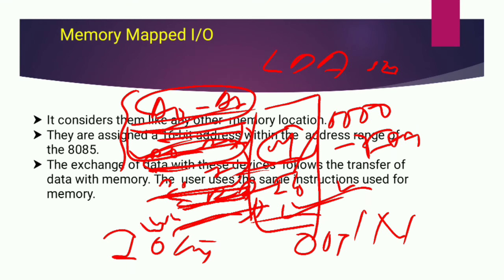Similarly, how is I/O operation performed? When memory related instructions like LDA and STA are used, the microprocessor places the 16-bit address on the address bus, because here I/O devices also use instructions like LDA and STA. The RD bar is activated for read operation and WR bar is activated for write operation.